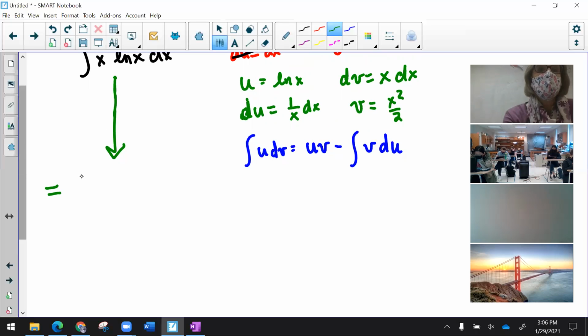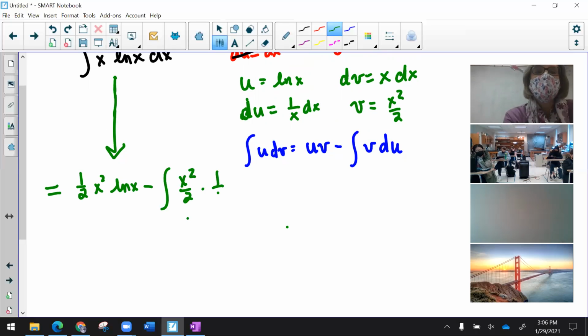So I have u times v, so that's going to give me 1/2 x squared natural log x minus the integral of v du, so that's x squared over 2 times 1 over x dx.